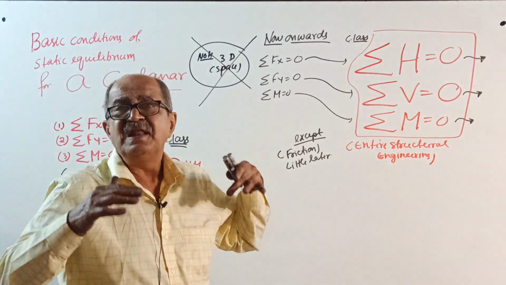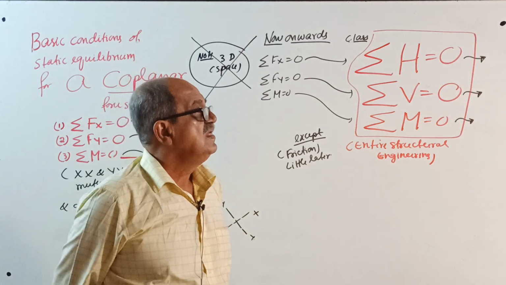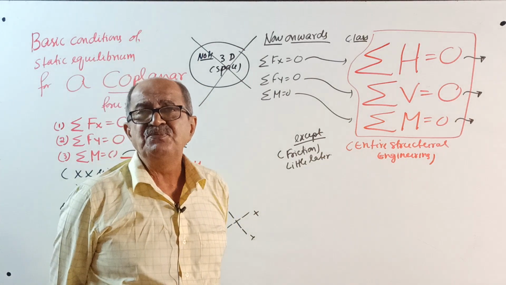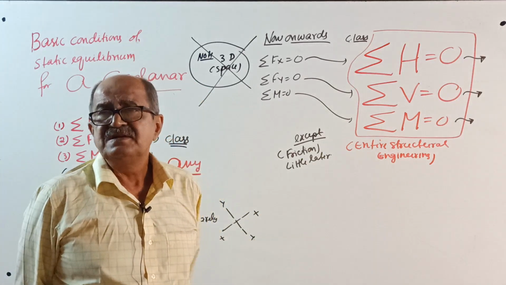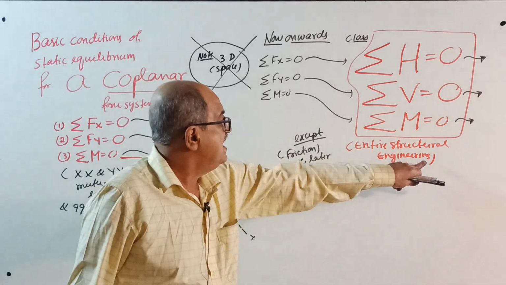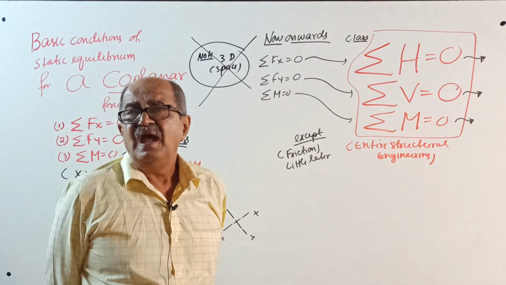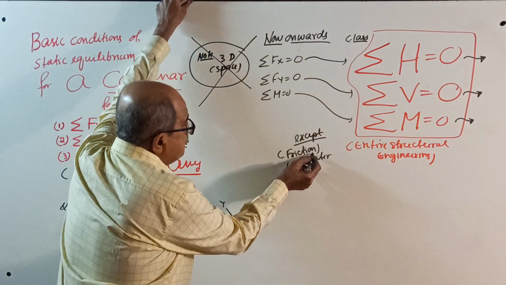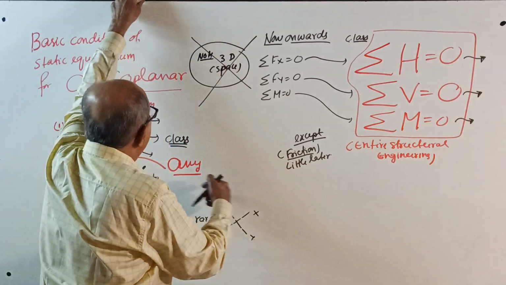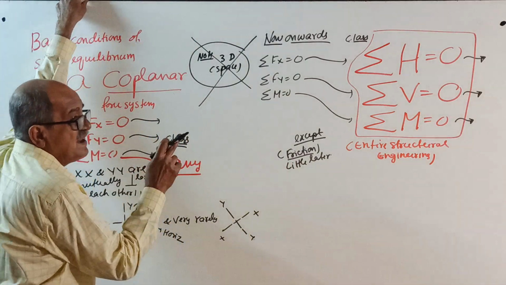Actually, we are entering structural engineering now. The moment I considered types of loads and now support reactions, we are entering the structural engineering field, the entire structural engineering and entire strength of materials. Only later in the friction chapter, I will once again come back here. Okay, I will tell at that time.